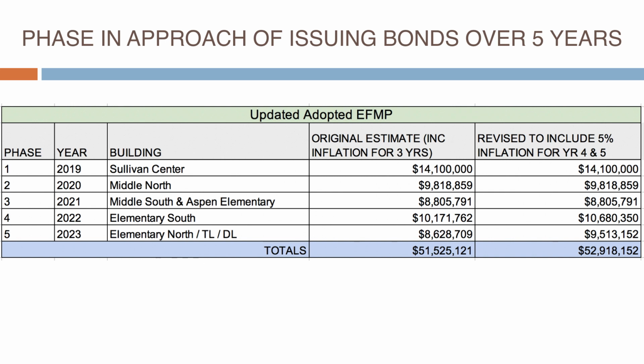You will notice by building how we've identified each phase by level of urgency as well. We would have to inflate the cost for year 4 and 5 to reflect any increase in construction costs for those years, essentially going from a 3-year implementation to a 5-year implementation. We will next consider how this would affect our debt ceiling in the next slide.